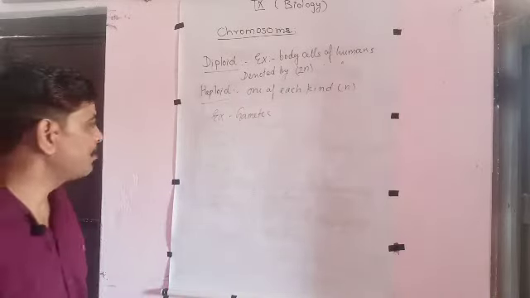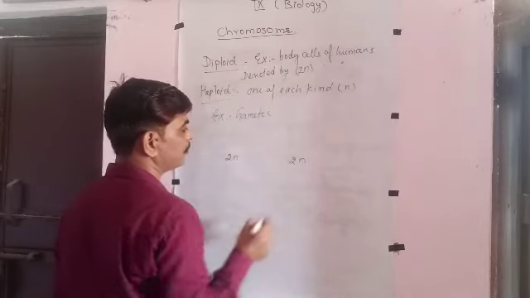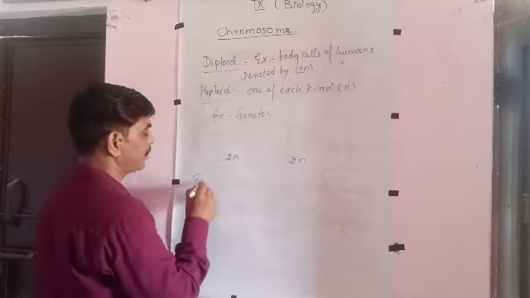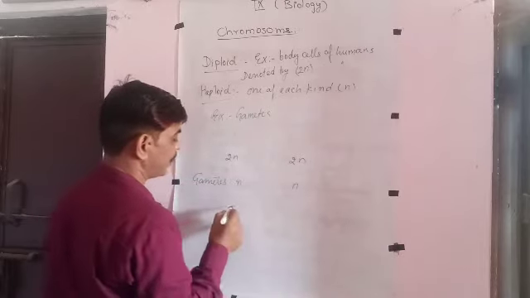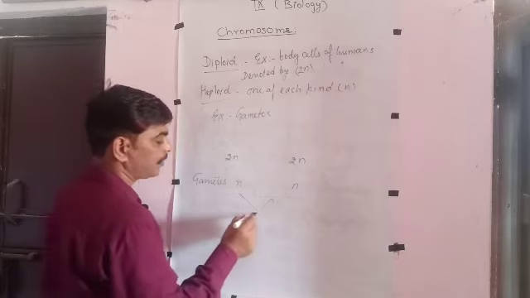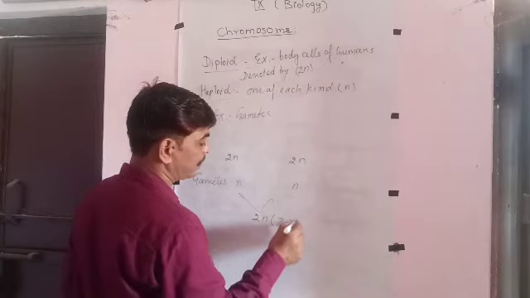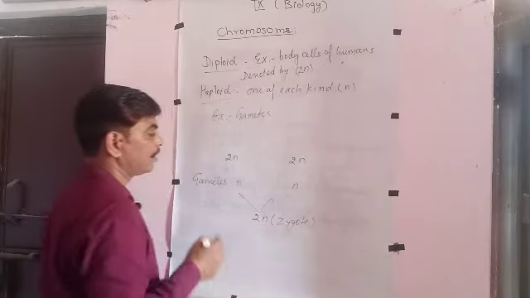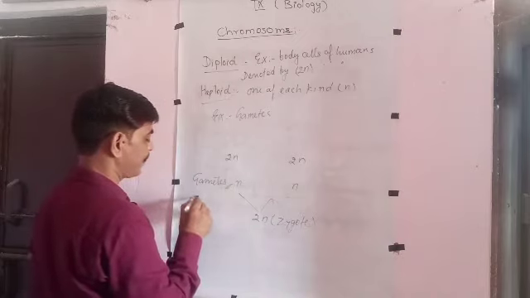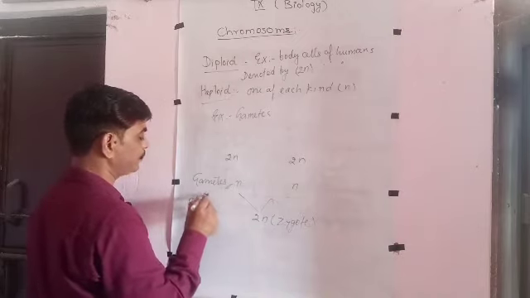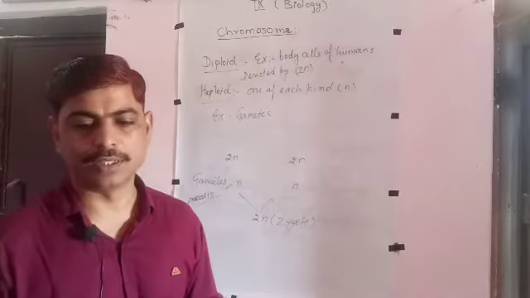This happens when 2n chromosomes form the gametes, which are haploid, and when they fuse after fertilization, the zygote forms with 2n chromosomes. So this is meiosis, and this maintains the number of chromosomes in organisms.